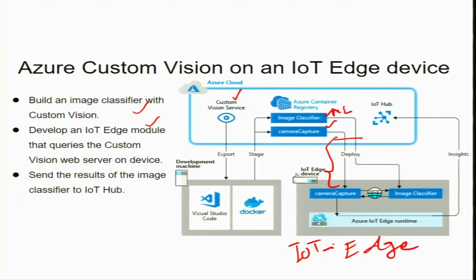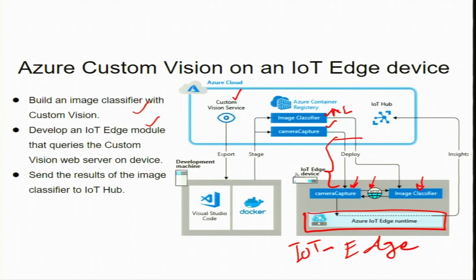After containerization, the camera module will come over here which is built in the cloud. Similarly, the classifier is also deployed on the edge, and this is enabled with the help of a service running on the edge, called Azure IoT Edge Runtime, that we have already covered in the previous lecture. Once the image classifier and the camera capture are in place, they communicate with the help of a protocol called HTTP.